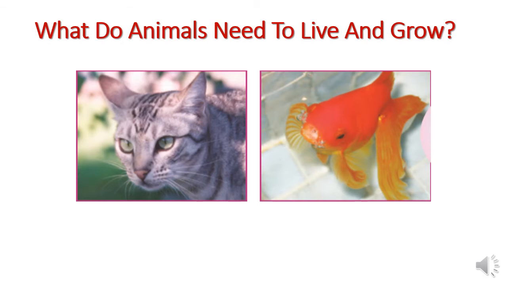They need air. Excellent. Without air, the animals cannot live. They cannot breathe. Till now, the animals need food, water, and air. Let us discover if the animals need more things.